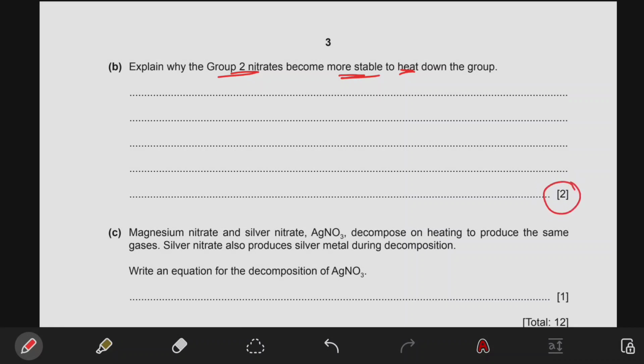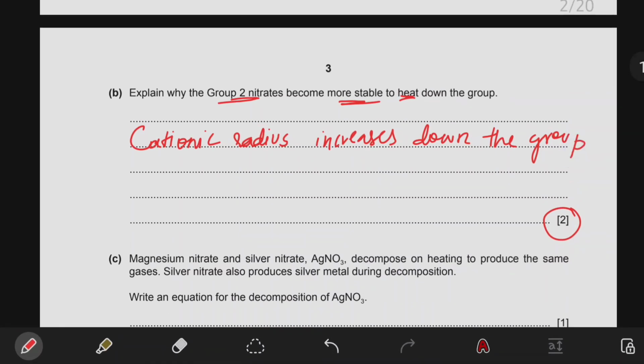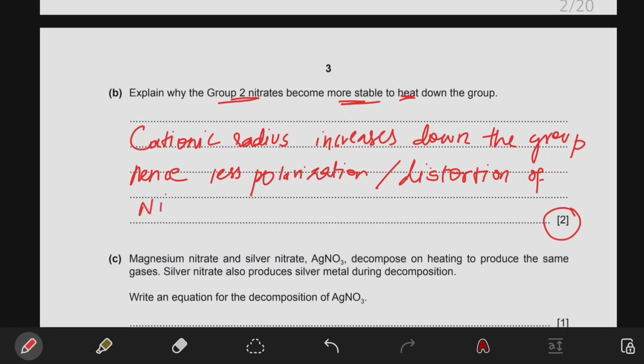So just for 2 marks, these 2 points should be present. This is very easy, you have to memorize this. So cationic radius increases down the group, hence less polarization or distortion of nitrate ion.